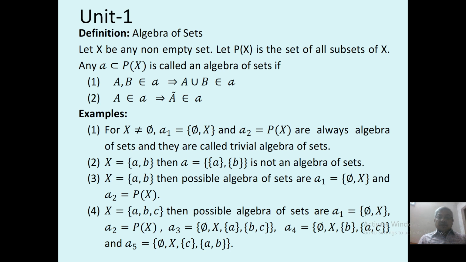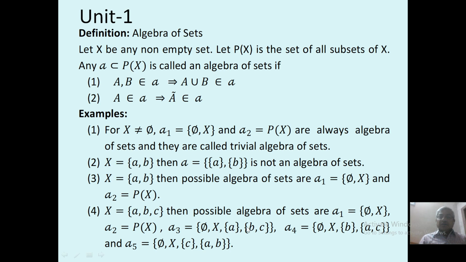If you check these conditions, then for phi and X there is no problem. Complement of phi is X, complement of X is phi, union of phi and X is X. And if you take the union of these two sets, {a} and {b, c}, then you get {a, b, c}, that is nothing but X. X is a member of this A3.